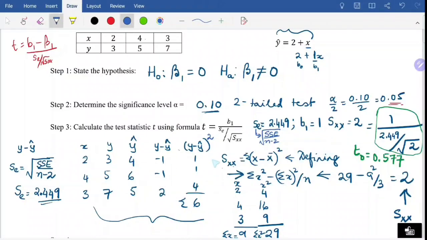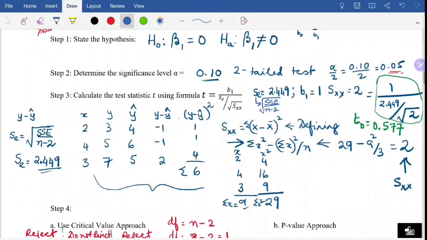Now, we need to know what s sub xx is. s sub xx can be calculated using either the defining formula or the computing formula. Again, I always think that the computing formula is way faster than the defining formula. So it's sigma x squared minus sigma x whole squared divided by n.